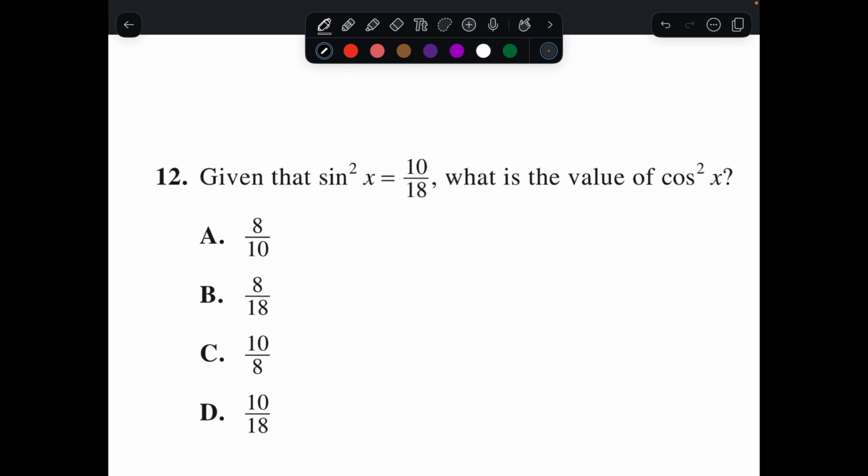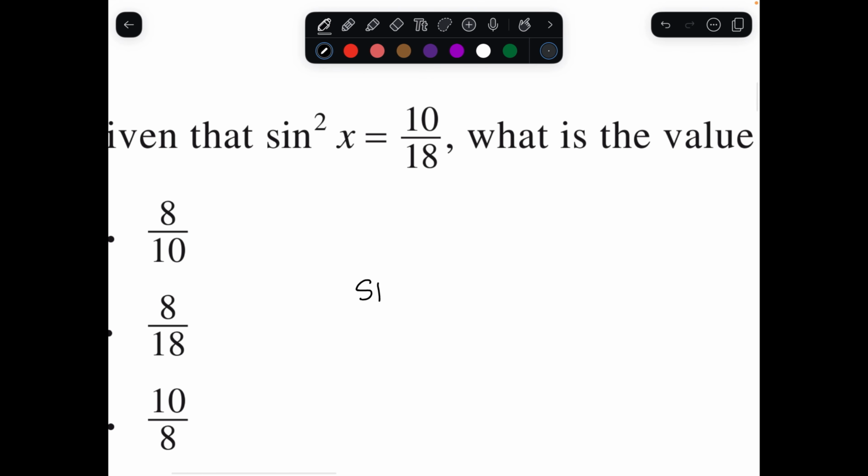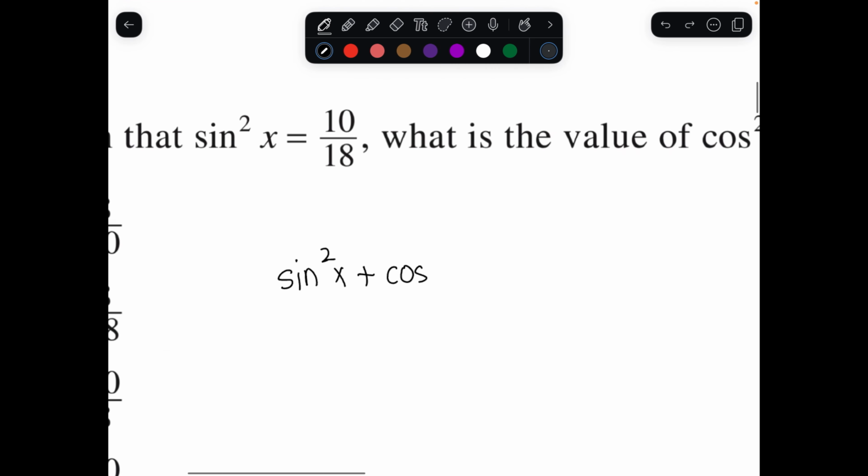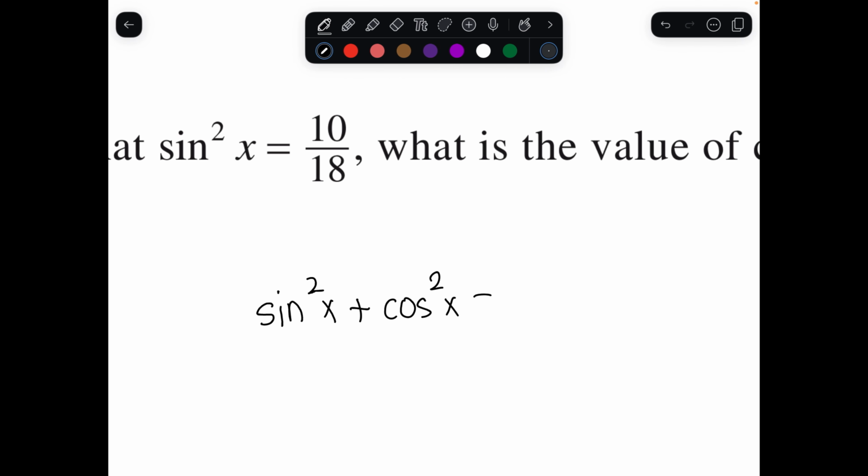Question 12 says, given that sine squared x equals 10 over 18, what is the value of cosine squared x? For this problem, you need to know the identity sine squared x plus cosine squared x equals 1.